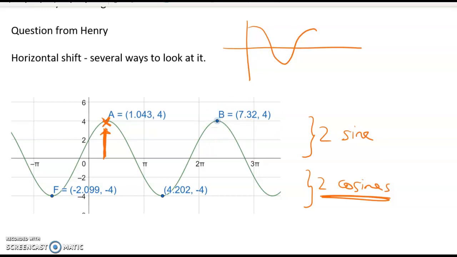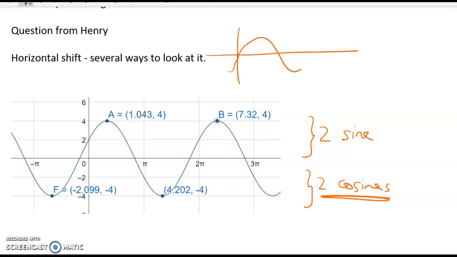The one where it's easier to muck up is if you're trying to model it with a sine curve. And so for a sine curve, what we've got to do is remember that, oh, very bad drawing. Sine curve starts here. So I'm looking for this point on the graph. And so this point is just a little bit more work to find. I've got that one there and that one there, so I need to find the point halfway between A and F, right?